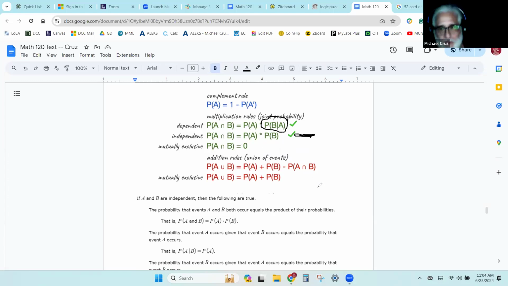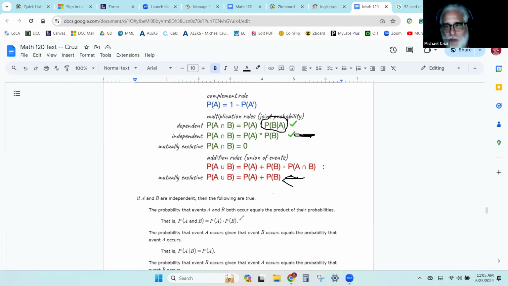The other thing is mutual exclusivity. To be mutually exclusive, the probability of the union is equal to just the probability of A plus the probability of B. If they have any overlap, which is what this one states, then they're not mutually exclusive, of course.